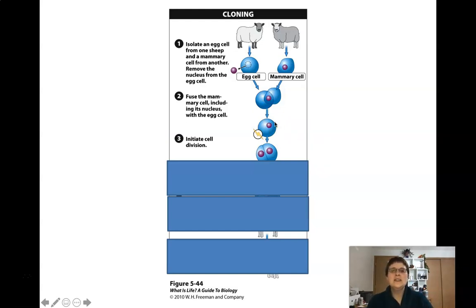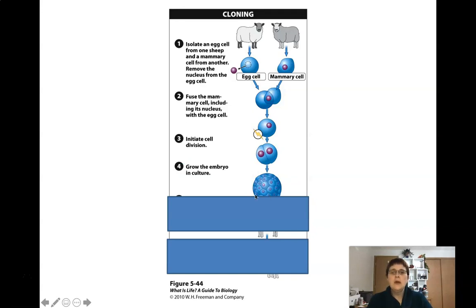This is going to hopefully combine the 2 cells together. If this step doesn't work, and this is one of the most common places where this fails, then nothing else will happen. But if this helps to fuse the mammary cell to the egg cell, then it will start to divide.